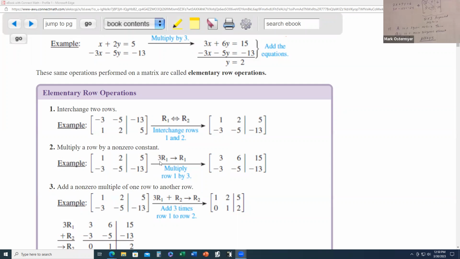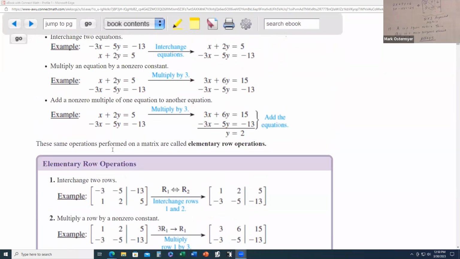This notation that says 3 times row 1, and then an arrow pointing to row 1 says that we're going to multiply row 1 of this matrix by 3 to produce an equivalent and brand new row 1. So every element of row 1 is getting multiplied by 3 to produce an equivalent row 1. So this matrix over here is equivalent to the original matrix back over here.